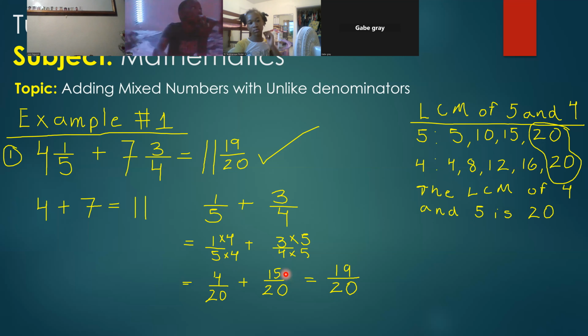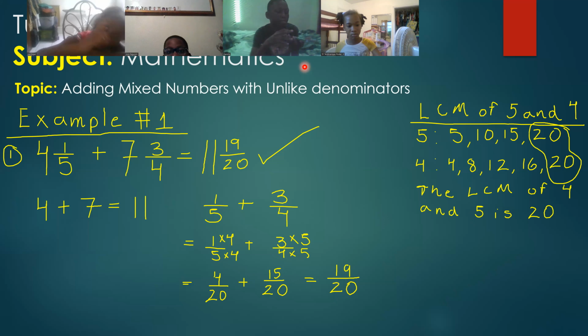Very good. So how do we add this now? 4 plus 15. What is 4 plus 15? Very good. So the answer is 19 over 20. All right, so let's do another one.